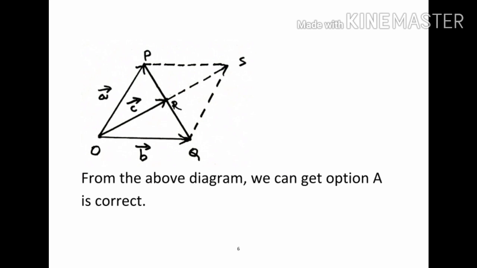From the above diagram we can see that option A is correct, because C bar is half of the magnitude of the resultant of A bar and B bar. Therefore, A bar plus B bar is equal to 2C bar.